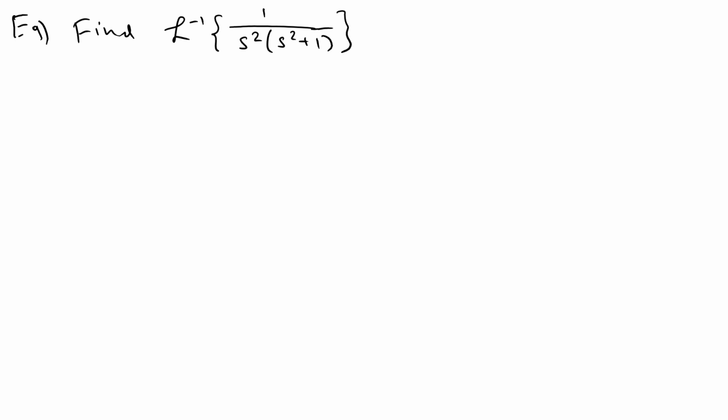We try to identify this as a product. Inside the L inverse you can see there are two functions: 1 over s squared times 1 over s squared plus 1. Those two are very familiar.